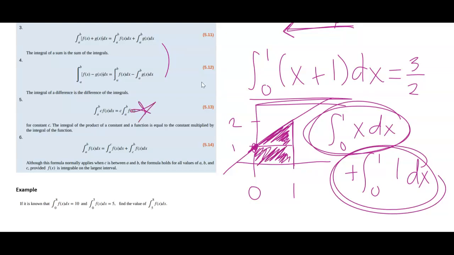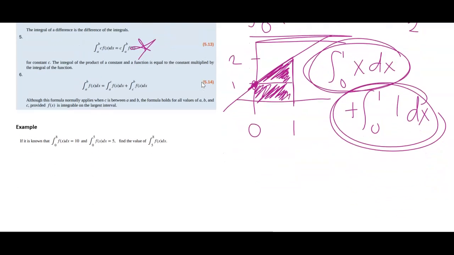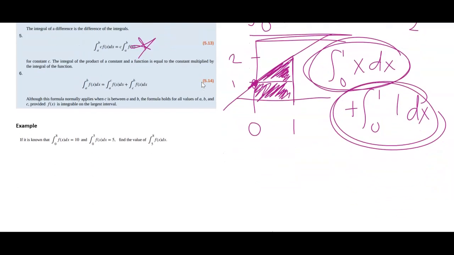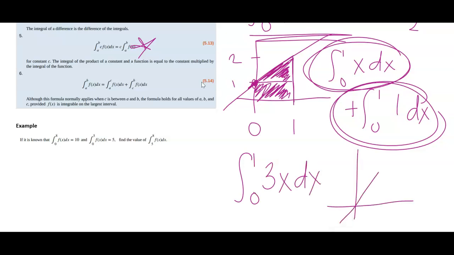Additionally, if you have a constant on the inside of your integrand, you can just take that constant out. So if I wanted to integrate, again, let's just go something simple, 0 to 1 of 3x dx. So 1, 3. That area is actually also 3 over 2. I didn't really mean to do that, but that triangle, 1/2 base times height, would give us 3/2 as our area.